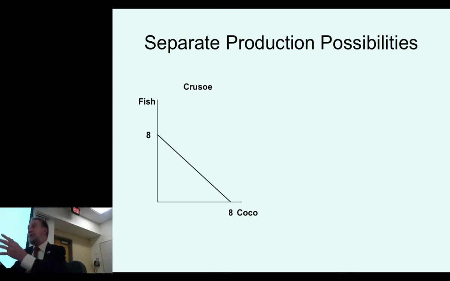Or he can get the most coconuts when he's producing a certain amount of fish. Any point beyond there, any one of these points out here, are they possible? No, because they're beyond his abilities. So if you were doing this, you'd have pluses on all the interior points and the points on the line. You have minuses, all the points out here, as not, in fact, reachable.